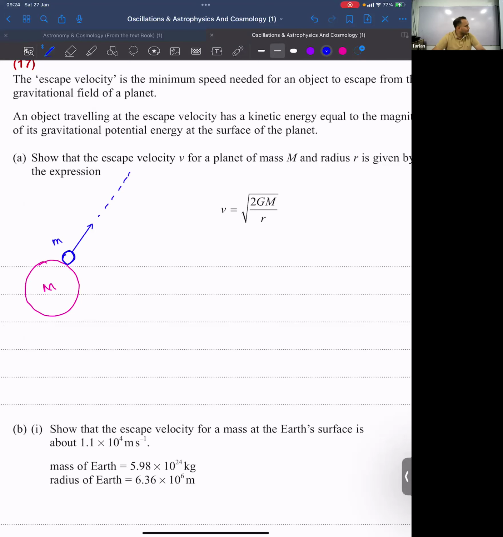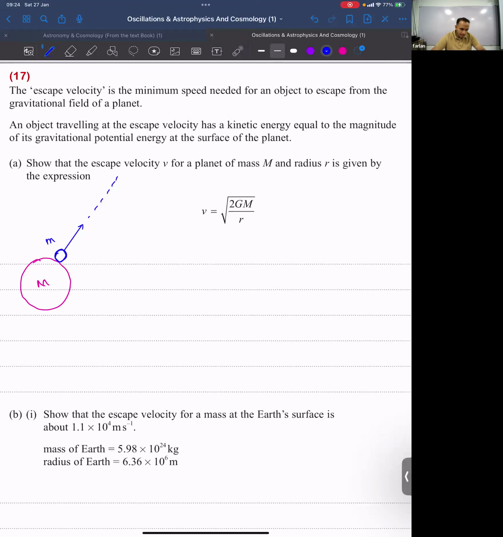What is the speed required? The question says an object traveling at the escape velocity has a kinetic energy equal to the magnitude of its gravitational potential energy at the surface of the planet. So if it is given a speed of v, its kinetic energy is half mv square.